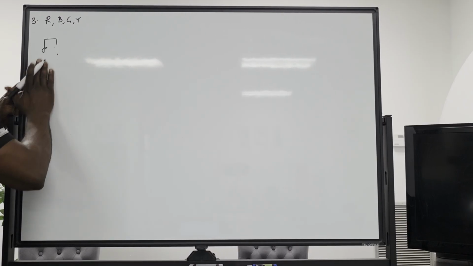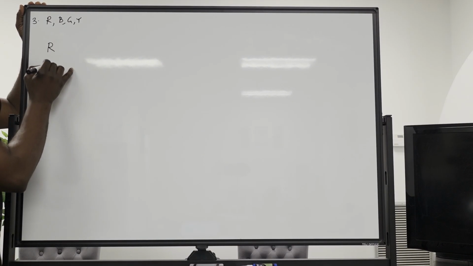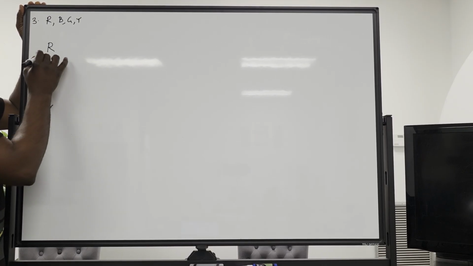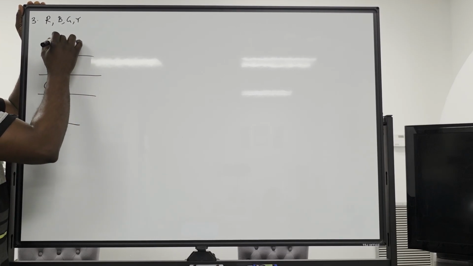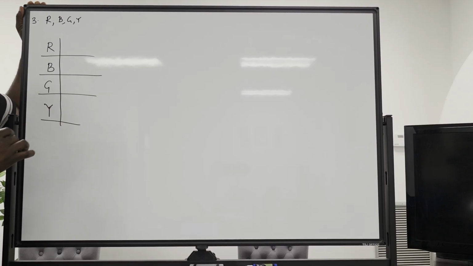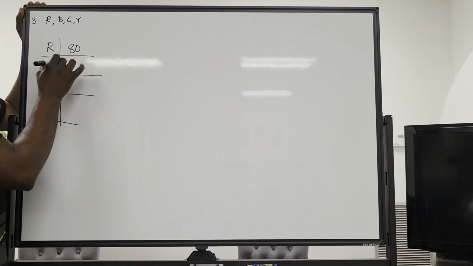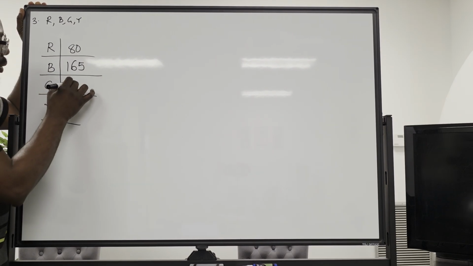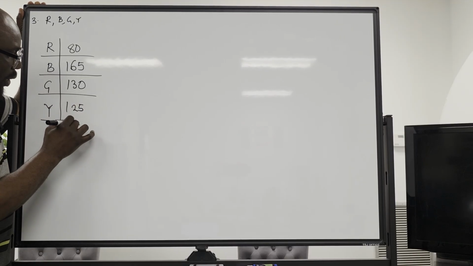In the table, they gave us the results: red, blue, green, and yellow. They gave us 80 for red, 165 for blue, 130 for green, and 125 for yellow.